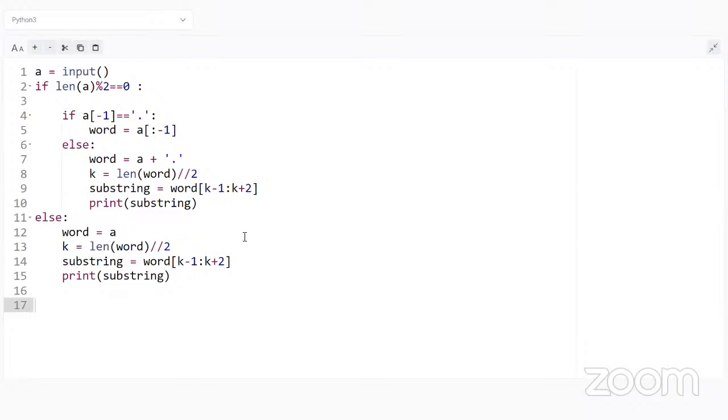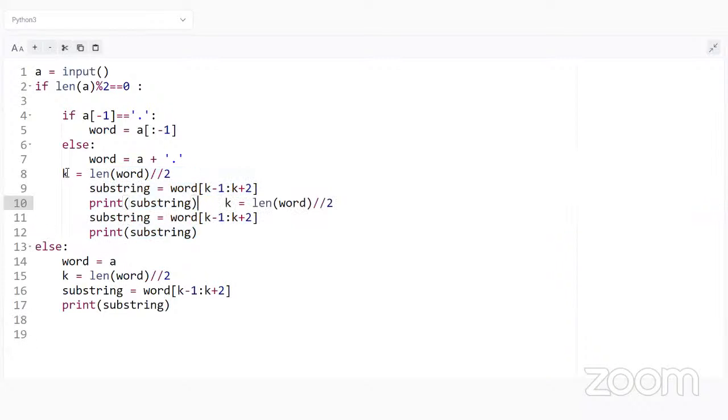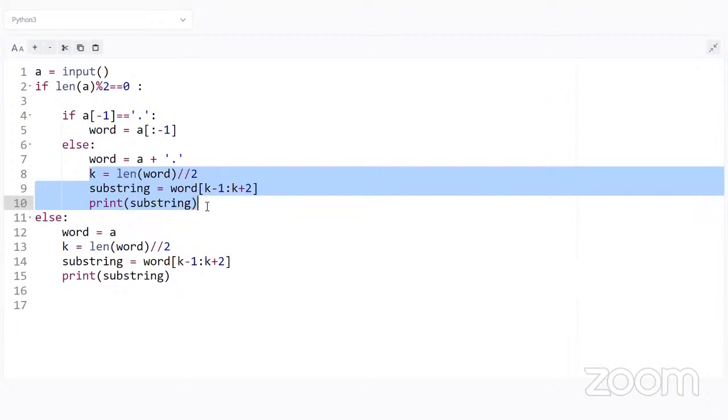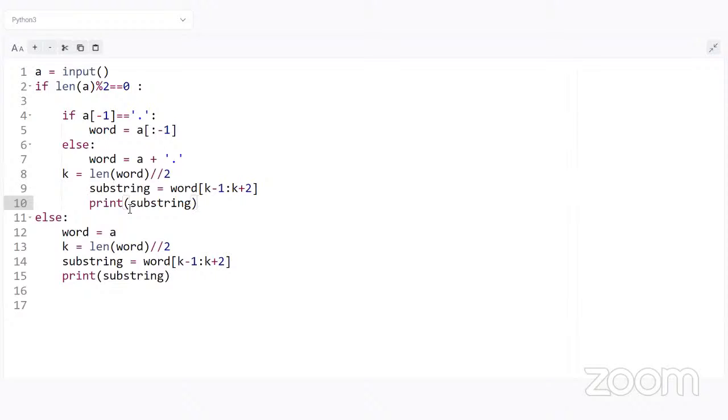But sir, I think repetition is not a good thing. Yes, if you do not want to repeat it, then let lines 8 to 10 come out of the else block. Okay. Why did you delete it?